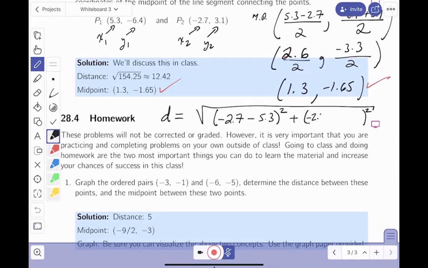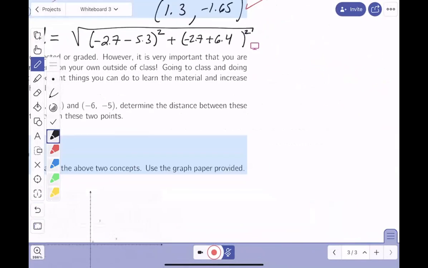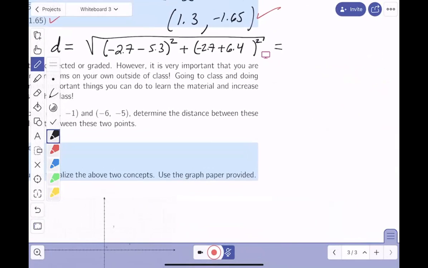Minus 2.7 plus 6.4. All right, push this over. And, you know, one step at a time. I really mean it too. Let's see, minus 2.7 minus 5.3. That's going to be minus 8. And I'll go slow. That's not so bad.